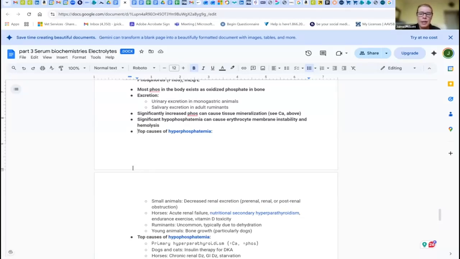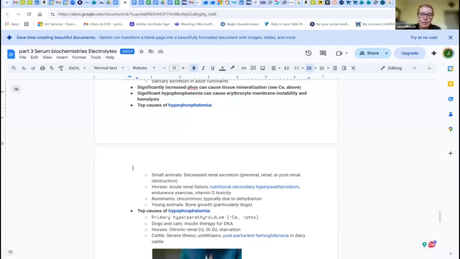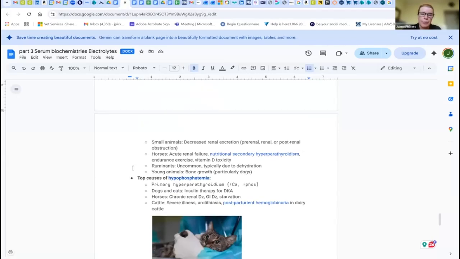In horses, think renal disease or nutritional secondary hyperparathyroidism. Ruminants rarely get hyperphosphatemia unless dehydrated. So growing animals naturally have a high phosphatemia just because their bones are growing.